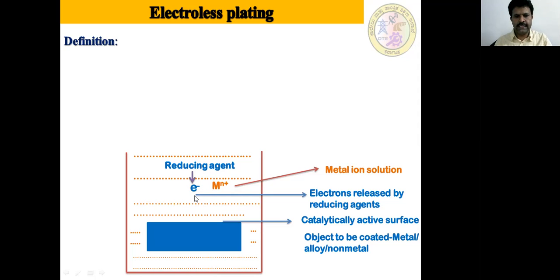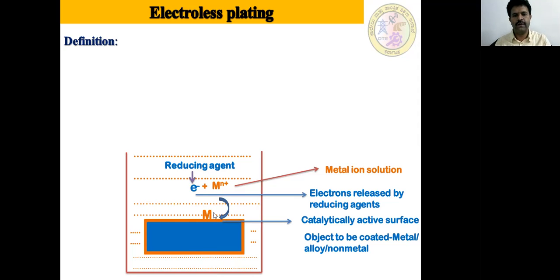After releasing the electrons from the reducing agent, the electrons are gained by metal ions present in the electrolyte solution, and they get reduced into neutral metal and deposit on the surface of the substrate.